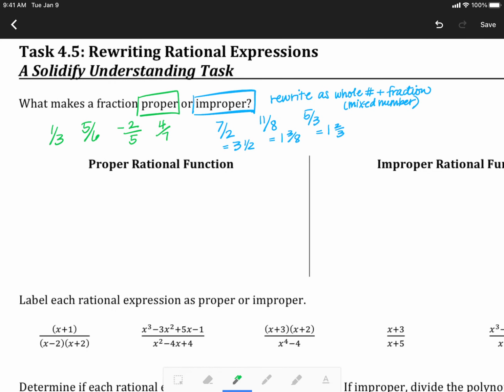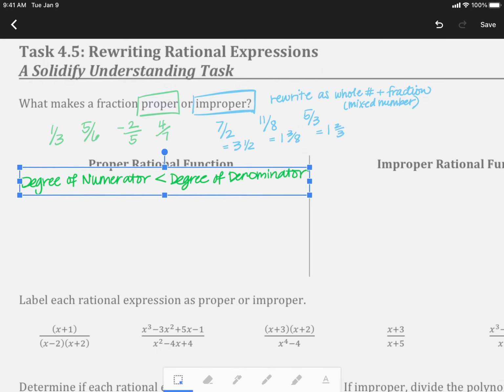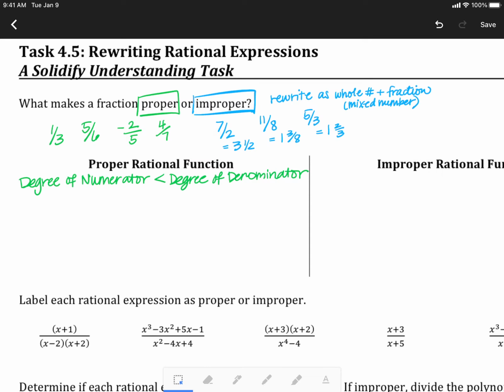A proper rational function means the degree of the numerator is less than the degree of the denominator. So just like the number itself, we're looking for the numerator to be less than the denominator. But instead of just the number, we're looking at the degree.